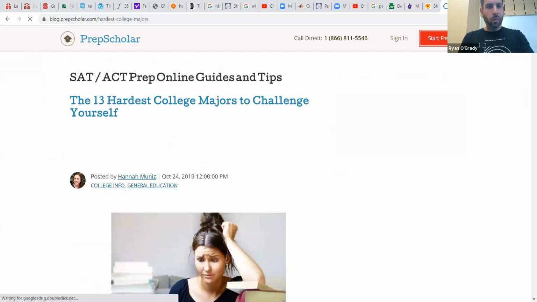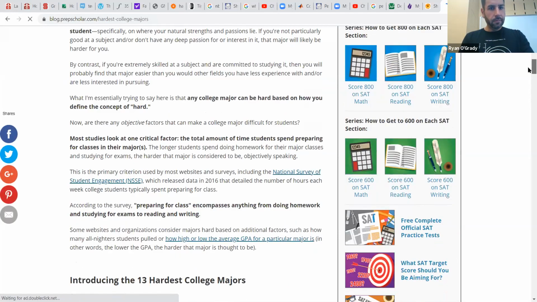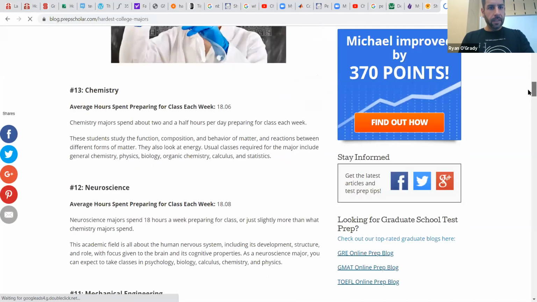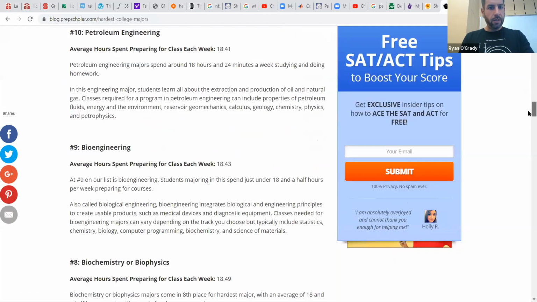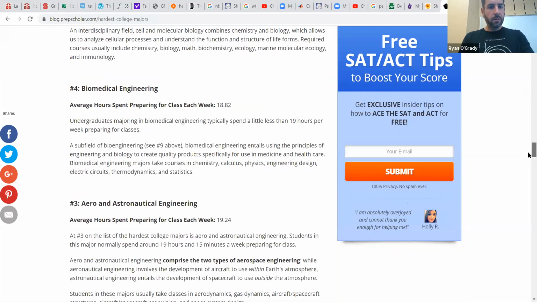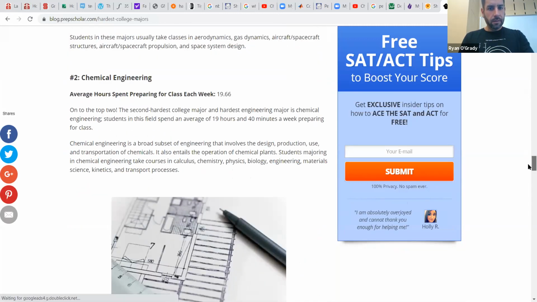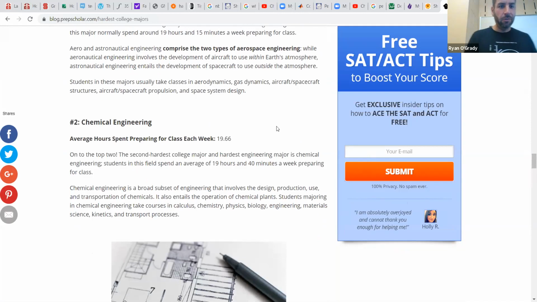I love these polls. Chemistry, neuroscience, mechanical engineering, petroleum engineering, bioengineering, physics, astronomy. This is so good. I love when they say these things. This is when your minds start to explode.